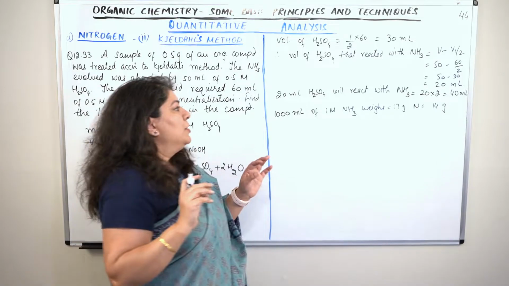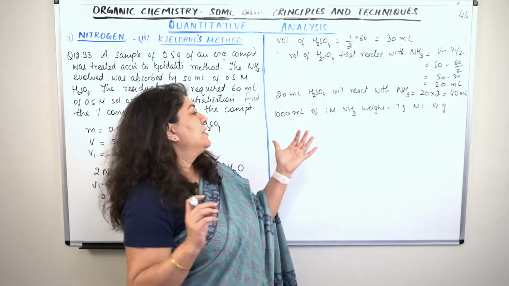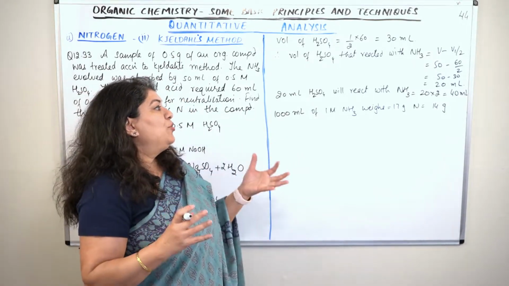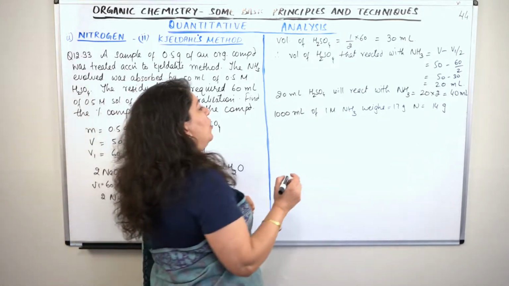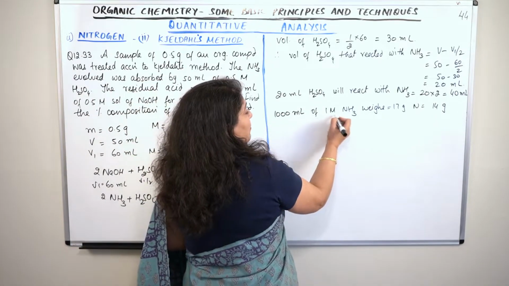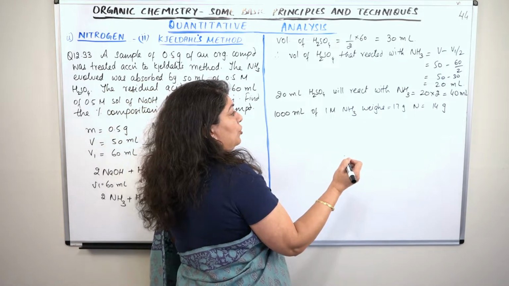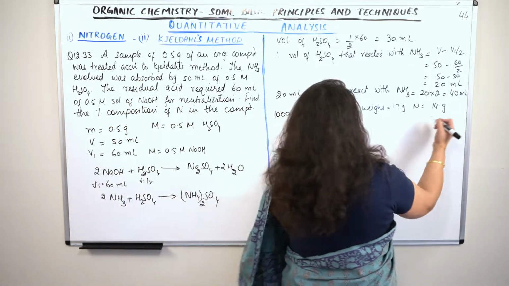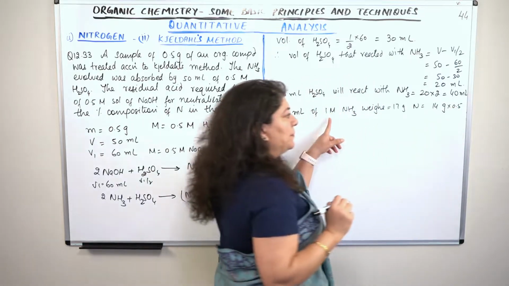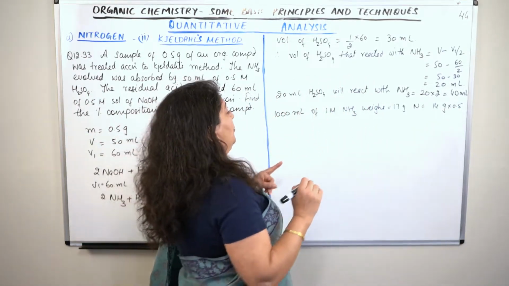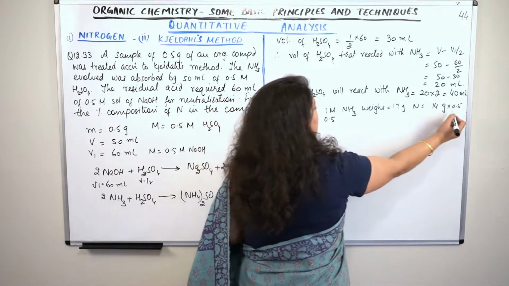So if it is 1 molar, and if it is 0.5 molar, you will multiply it by whatever the molarity is. You will multiply it by that molarity. So of 0.5 molarity would be this.